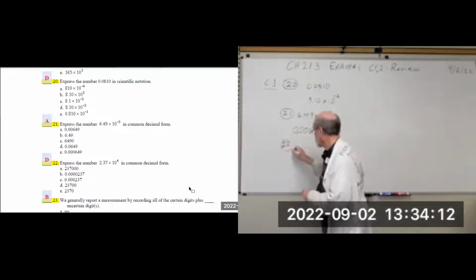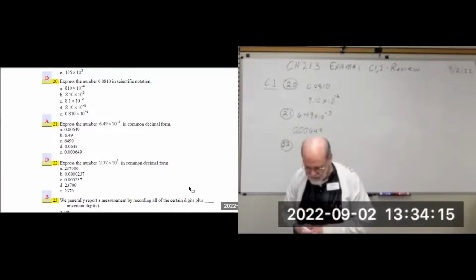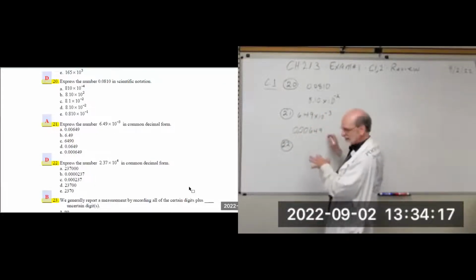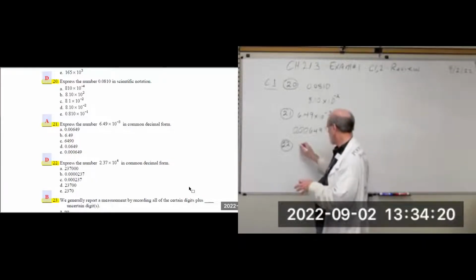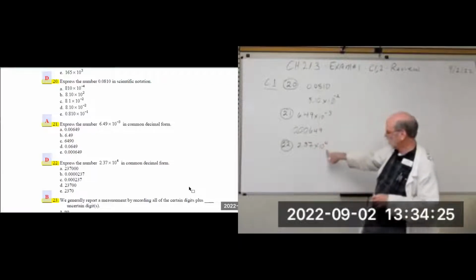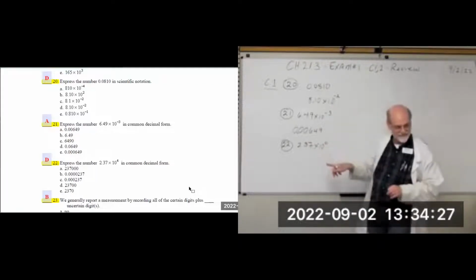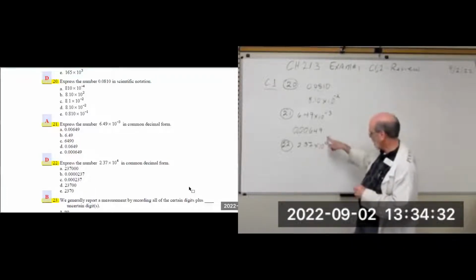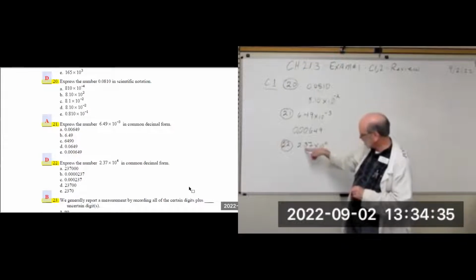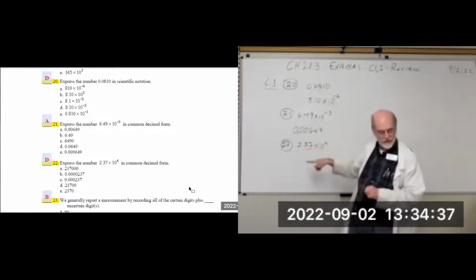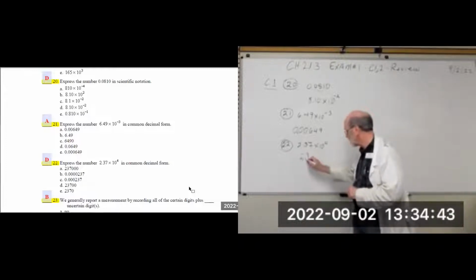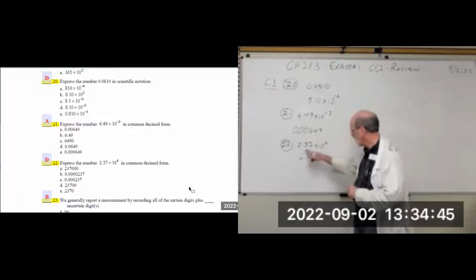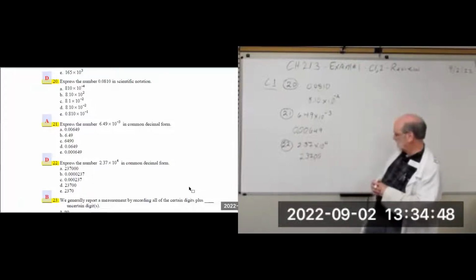22. Express this number. All right, so similar idea, only now 237. The power of 10 is positive. So we're going to take this large number and embed it there, which means we have to move the decimal to the right to make this number larger. 2, 3, 7. 1, 2, 3, 4.